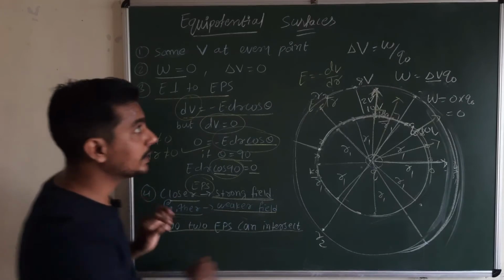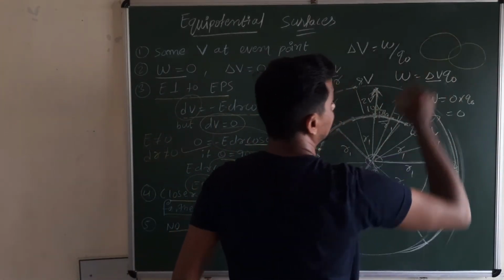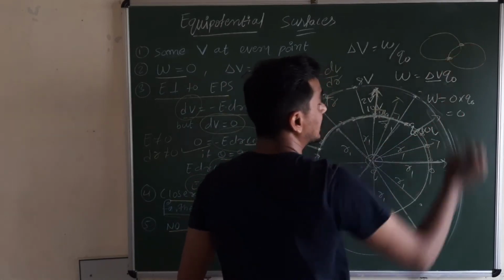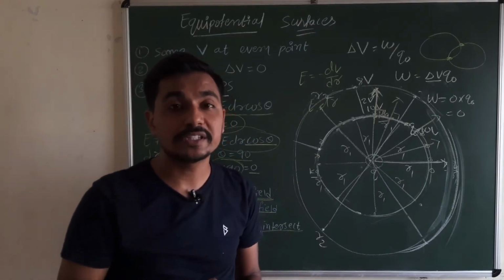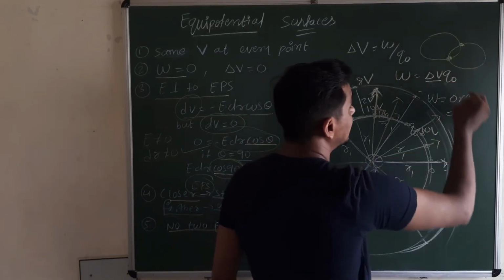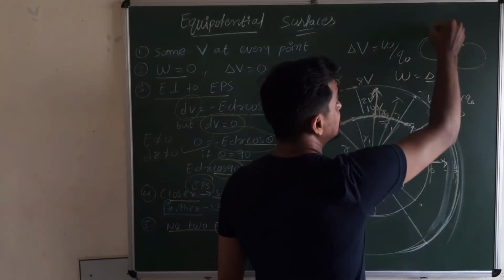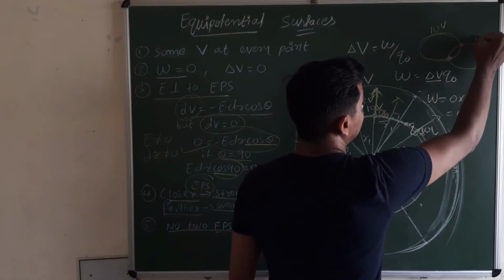Suppose there is an equipotential surface and here another equipotential surface. If these two surfaces intersect at this point and at this point, then what will happen? The potentials will get added, so at this point there will be a new electric potential. For example, suppose on this equipotential surface the potential is 10 volt, and on this equipotential surface the potential is again 10 volt.